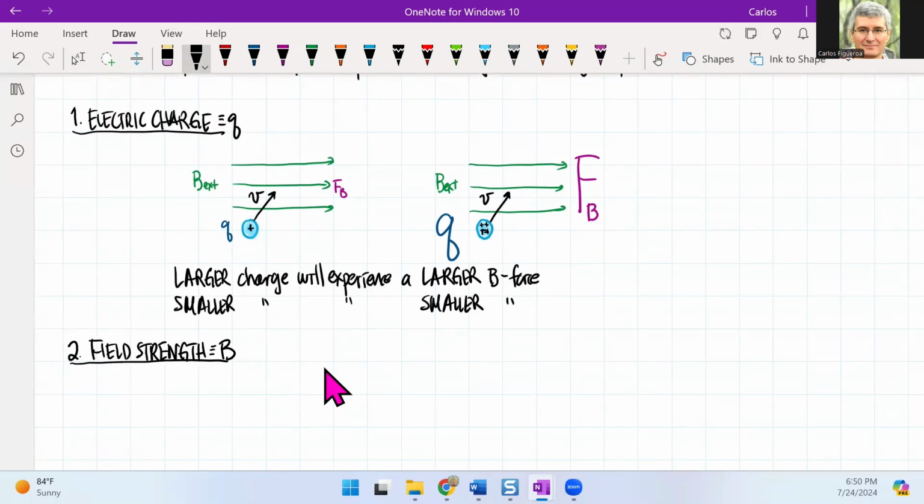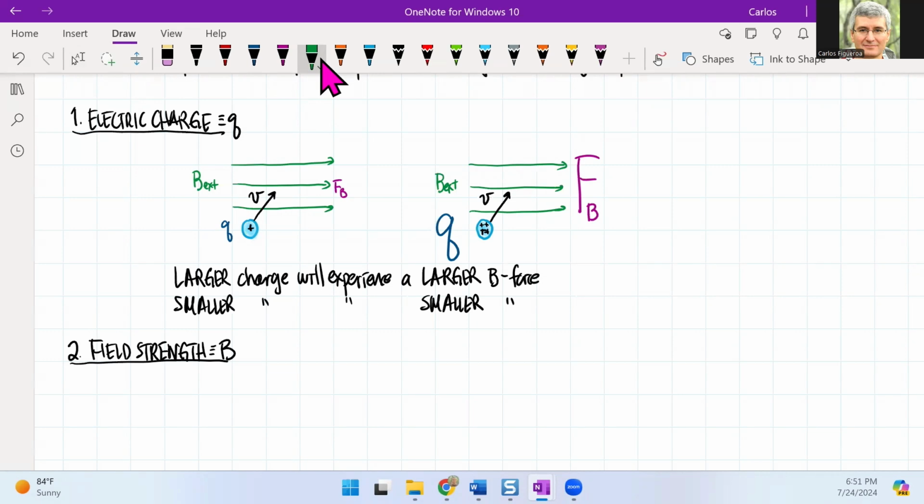So what do I expect? If I have a stronger field, then it has to do with the line density. So if I have a line density that looks higher, I've got to have a stronger field. If I have a lower line density, I've got to have a weaker field.